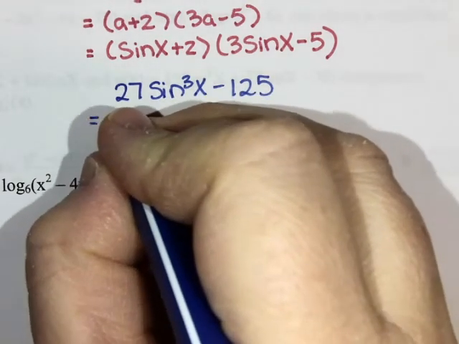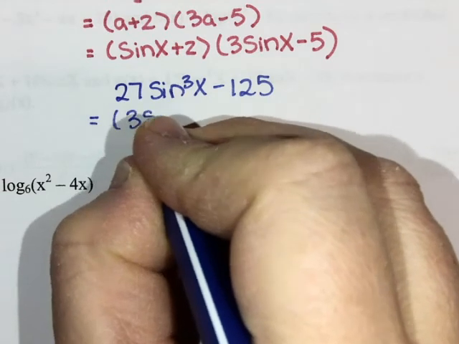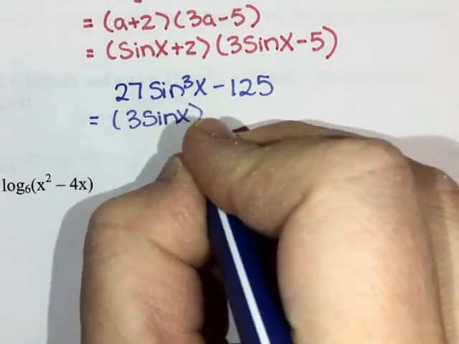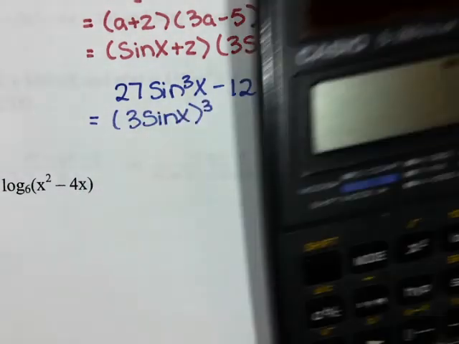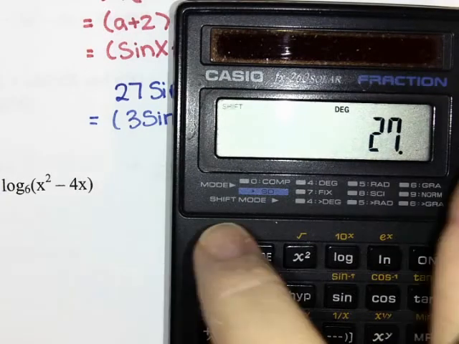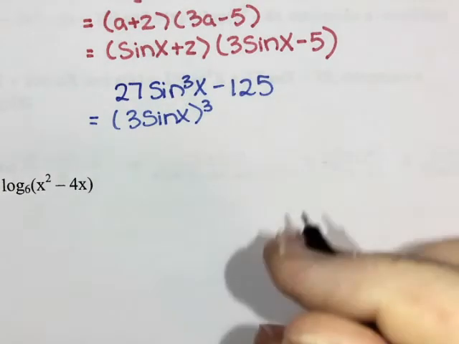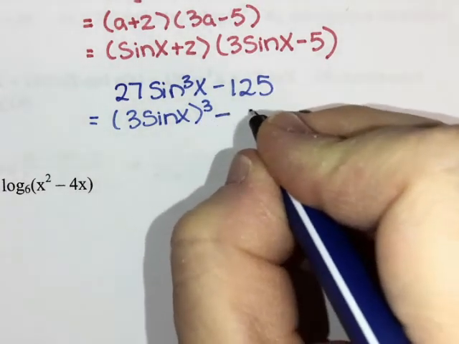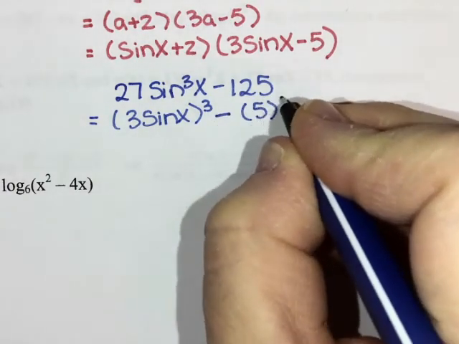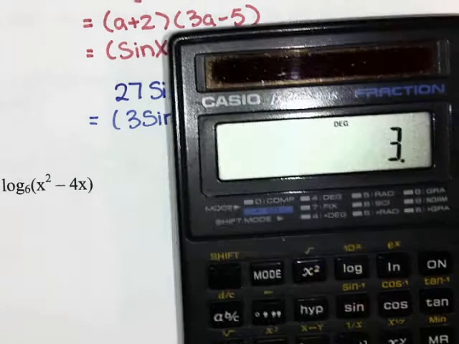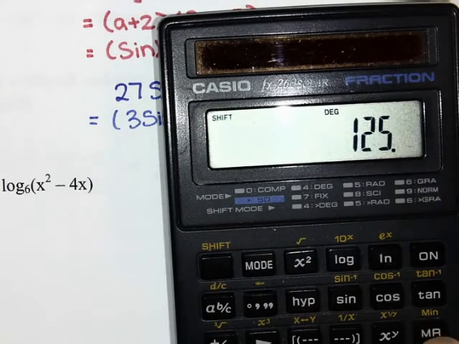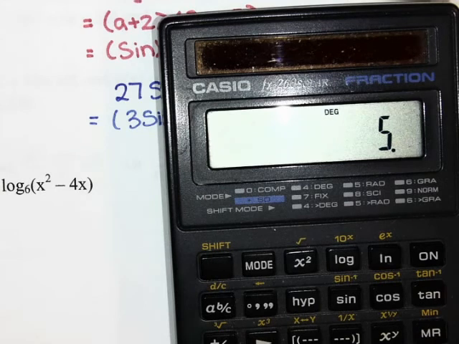But I feel like I can handle it on differences of squares and sums and differences of cubes. So this is the same thing as 3 sine x cubed. You can calculate on your calculator. The cube root of 27 is 3. And then 125 is 5 cubed. You can get that off your power sheet, or you can do the cube root of 125, which tells me it is 5.